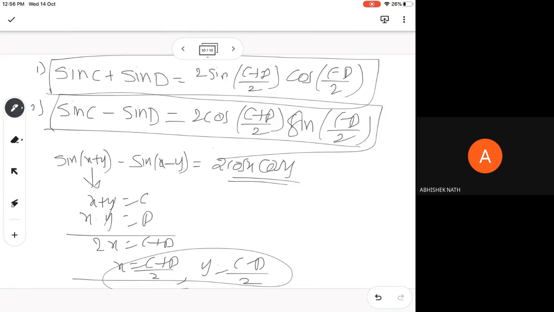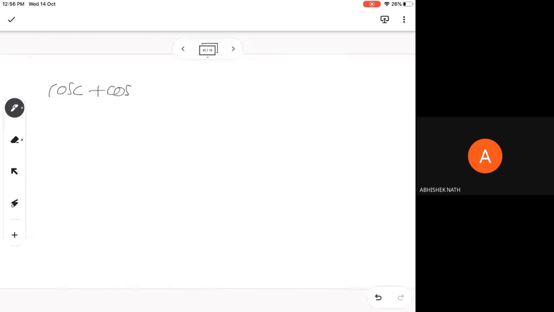In the same way, cos C plus cos D. You can also remember it directly. Take cos (x plus y) and cos (x minus y) and add them. What do you get?